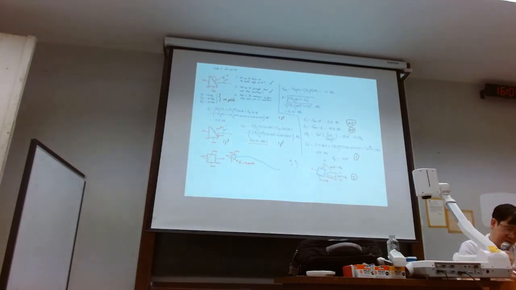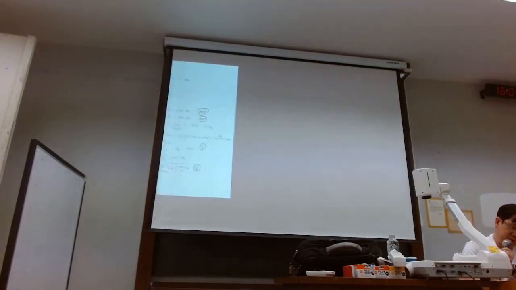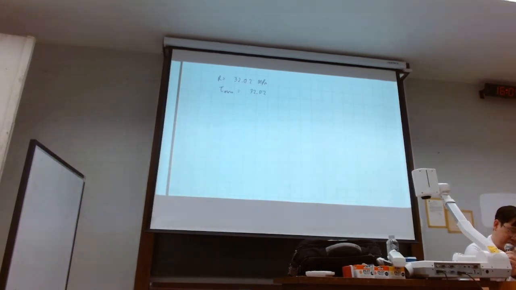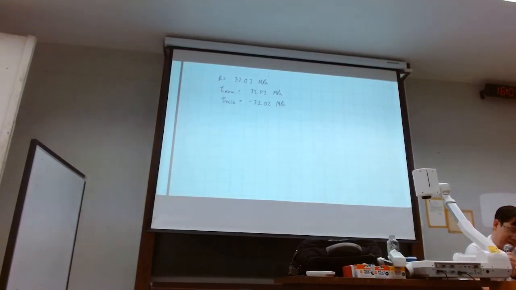The third part is quite the same. We already know that your R was 32.02 MPa. That means tau max is going to be 32.02 MPa, and tau minimum negative 32.02 MPa.